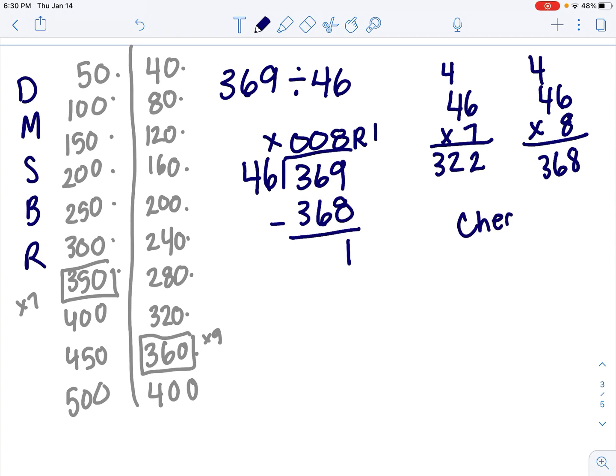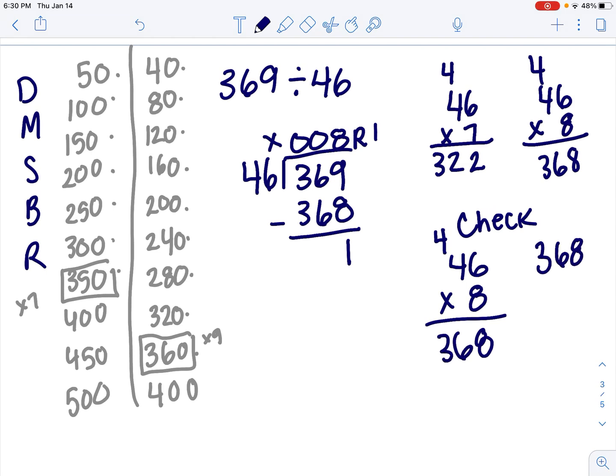We need to do the check to the problem. So we're going to take 8 times 46, get an answer, and then add 1. All right, 46 times 8. 8 times 6 is 48. 8 times 4 is 32, plus 4 more is 36.